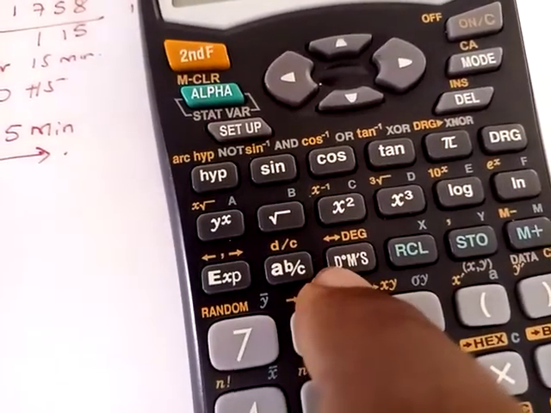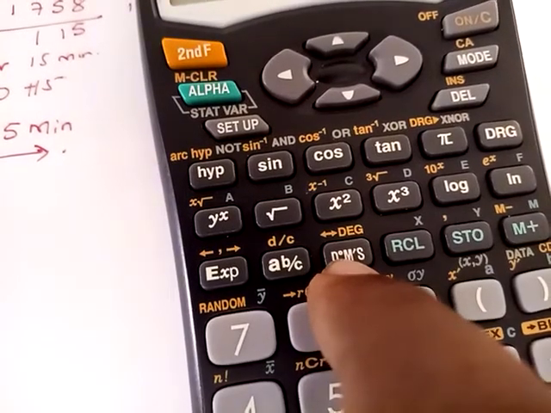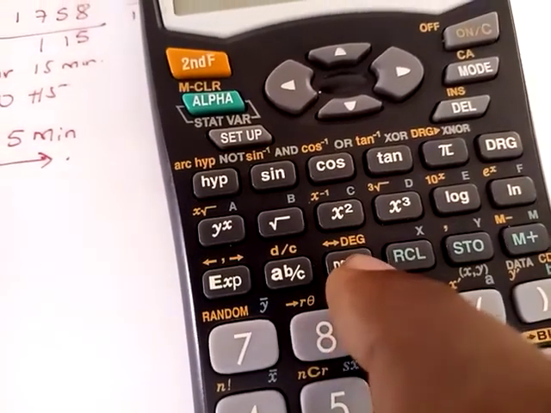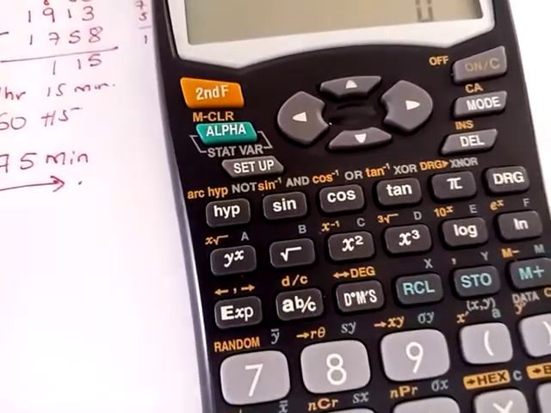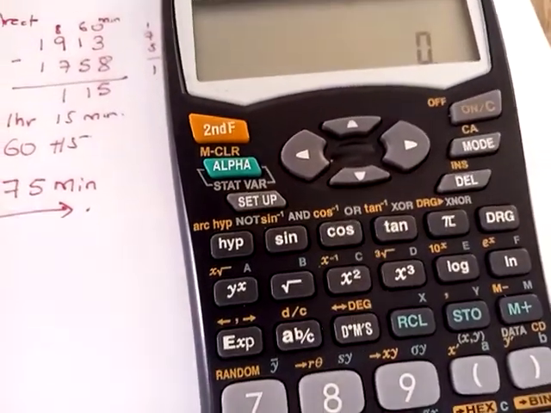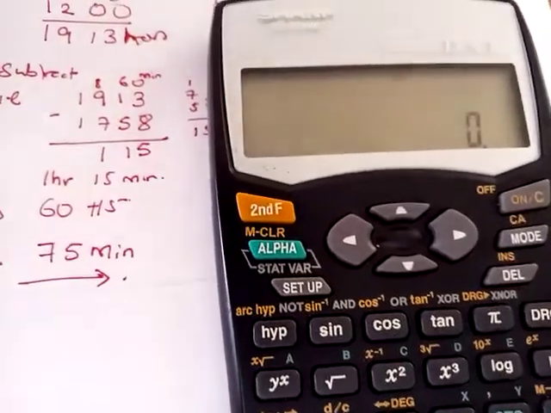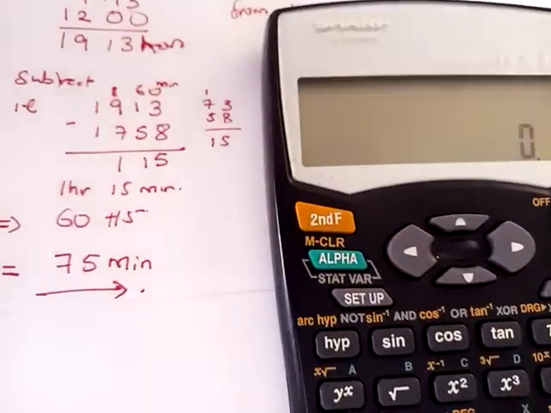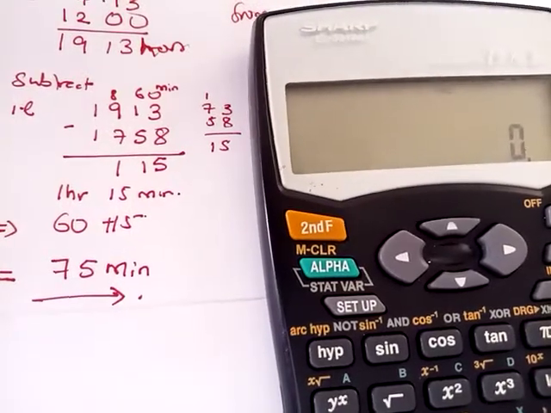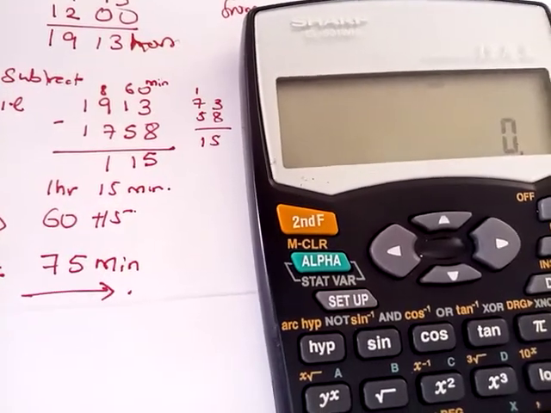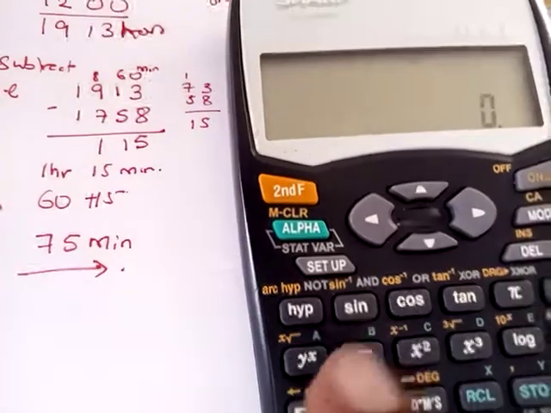It has D for degrees, and we have minutes, and we have seconds. So you can directly work with that one, or we can do the manual one. If you're using the calculator directly, which is required for your IGCSE, then we will just go directly and work like this.